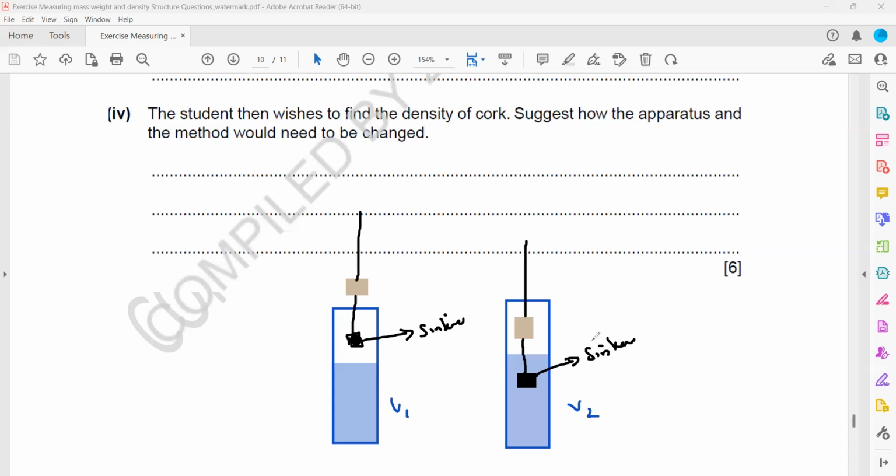And third, what we will do: because the sinker tends to sink, it will take the cork inside. Otherwise, without a sinker, the cork would float. A sinker can be any metallic object, an object which tends to sink, having a density more than the density of water.